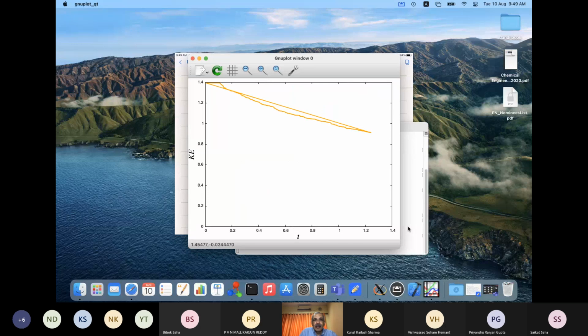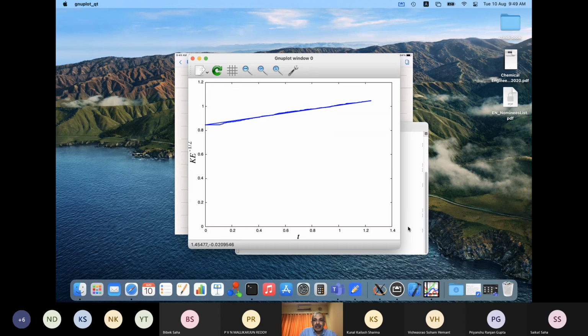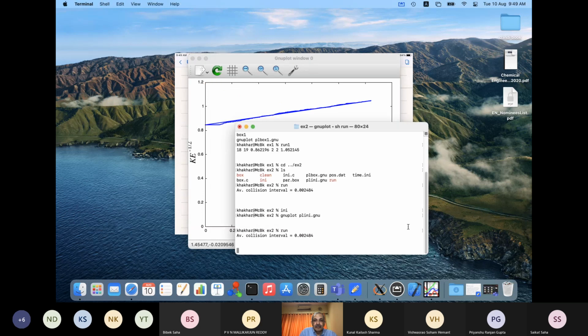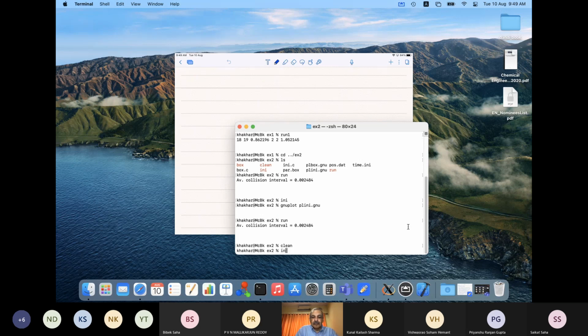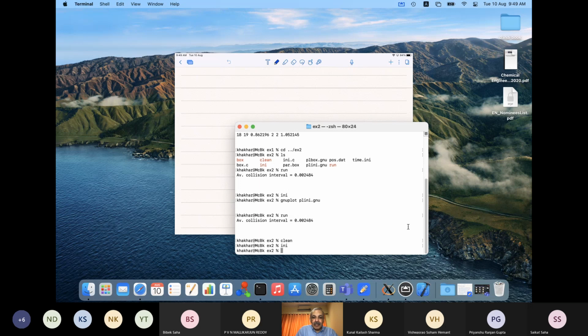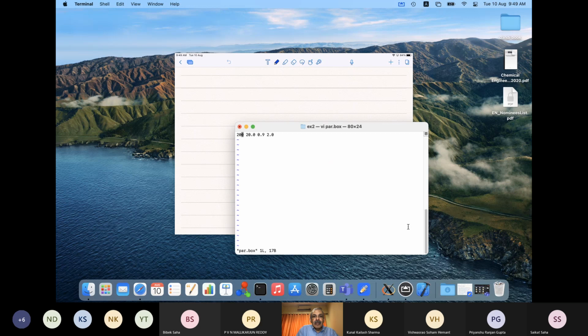And then you can see how the kinetic energy changes. One of the things that we can do is change this third one here, which is actually the coefficient of restitution.